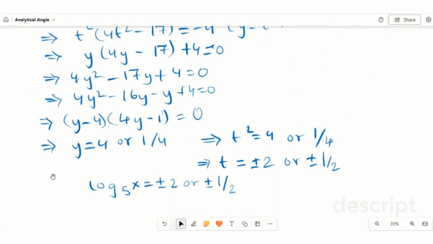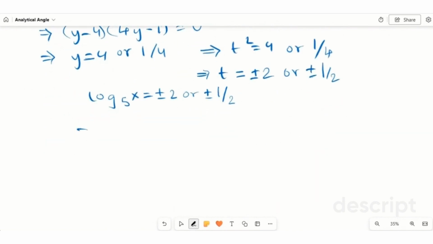So x is equal to, there will be 4 solutions here. X is equal to 5 square or 5 to the power minus 2, 5 to the power half, or 5 to the power minus half.